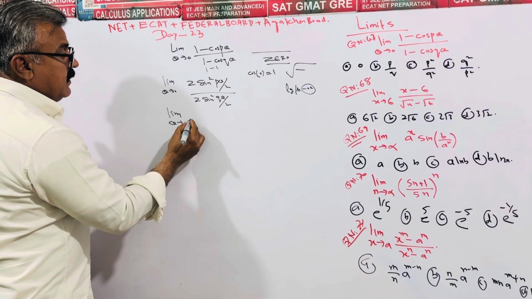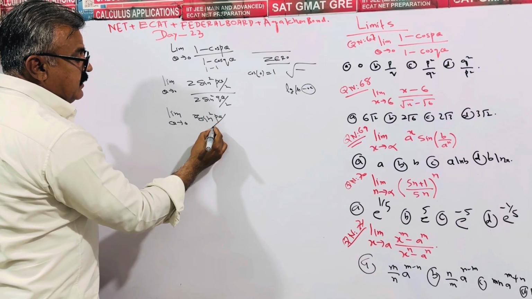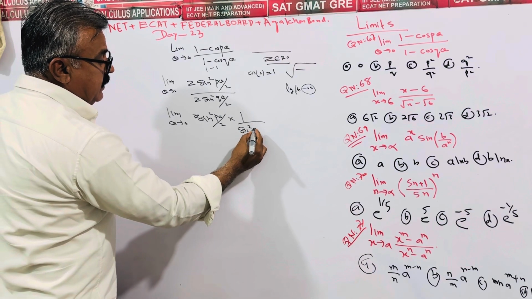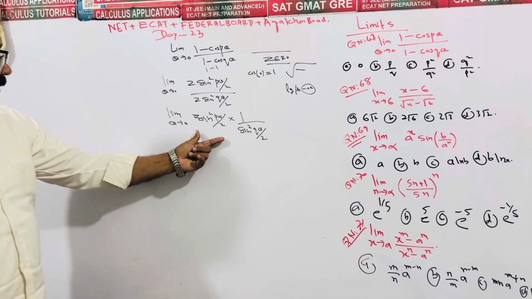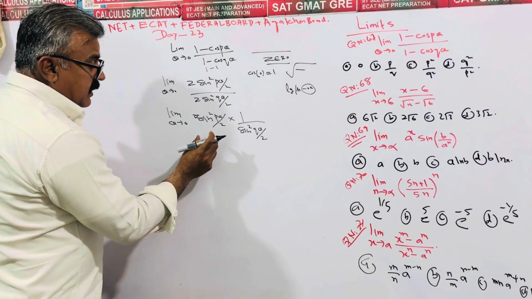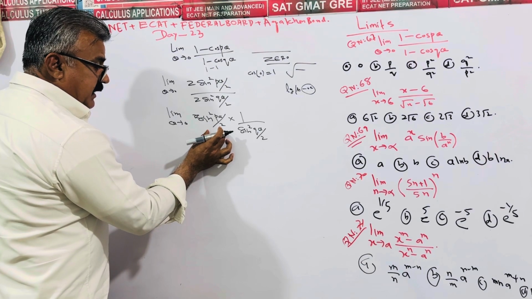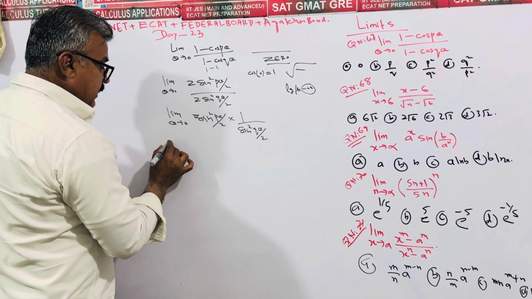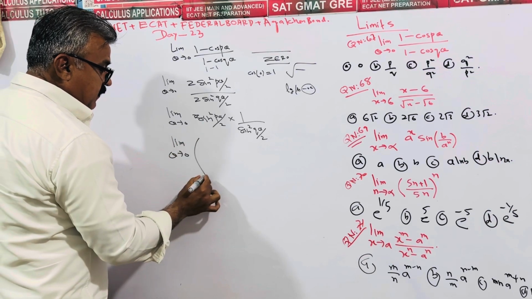Taking the assistance of our famous limit identity, sine theta over theta is equal to 1, we are going to arrive at the result. We need p theta over 2 here, so divide and multiply by it, and here q theta over 2 squared is there. So handle it very efficiently and carefully.